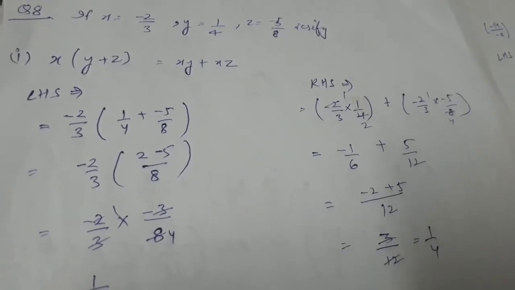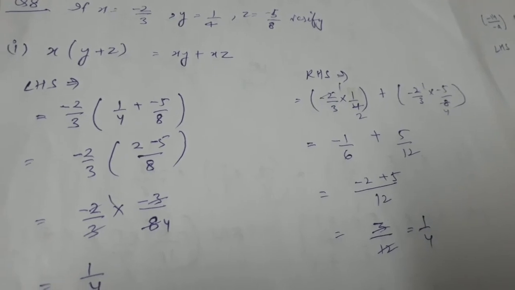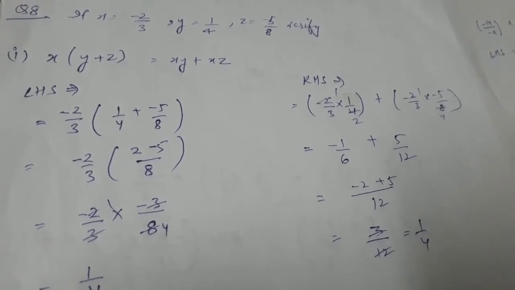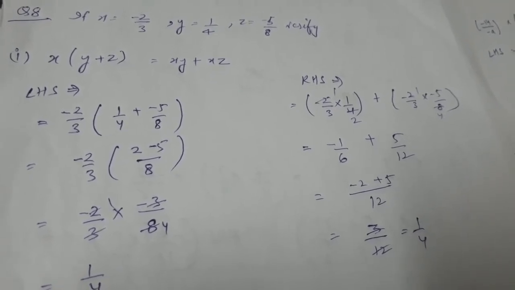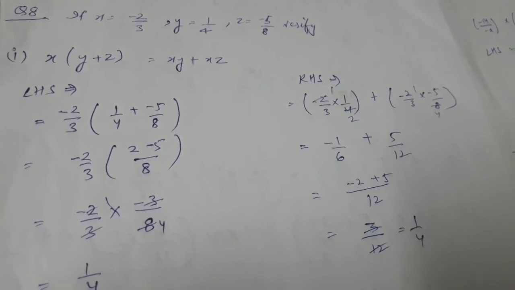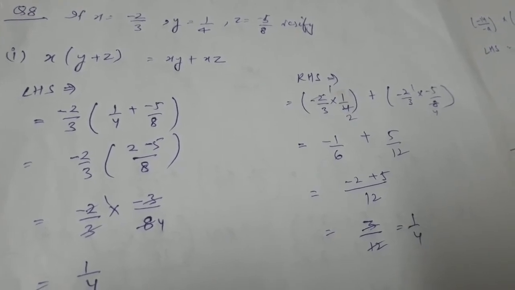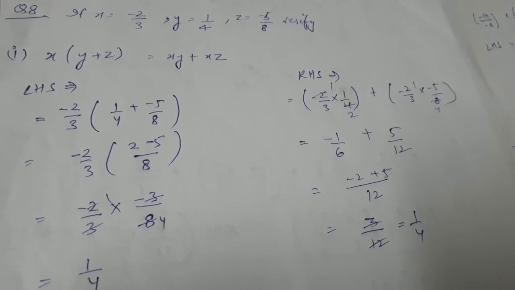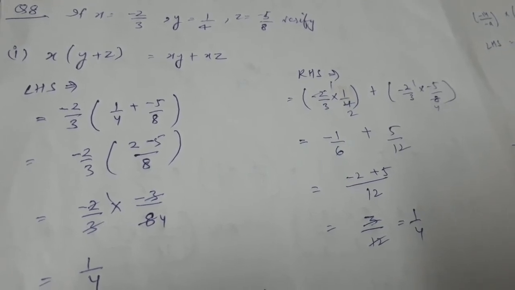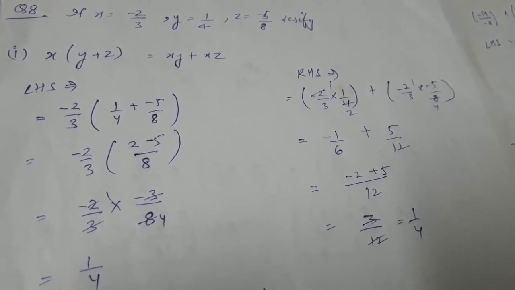In question number 8 of exercise 1.4, here we have to verify the distributive property of multiplication over addition and subtraction. So in the first part, x within bracket y plus z equals xy plus xz.